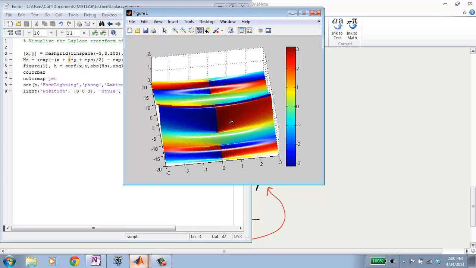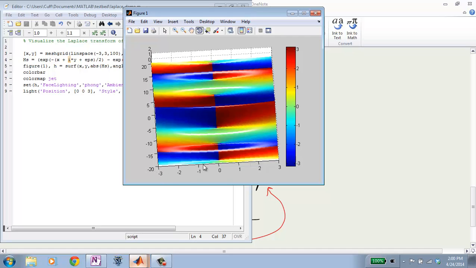So here's how we normally look at it: we look down, and we're seeing real part, imaginary part, and we have now a two-dimensional function. For the magnitude of the Laplace transform, I'm using the height to indicate the magnitude, and I'm using the color to indicate the phase. We have a color bar, and the phase goes between pi and negative pi here, and that's just what these colors are.